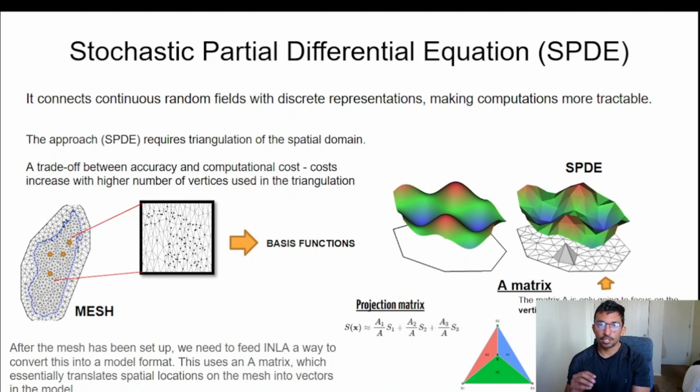So a stochastic partial differential equation allows me to approximate that spatial dependency by breaking my area into smaller areas. These smaller areas are what I call basis functions here, right?